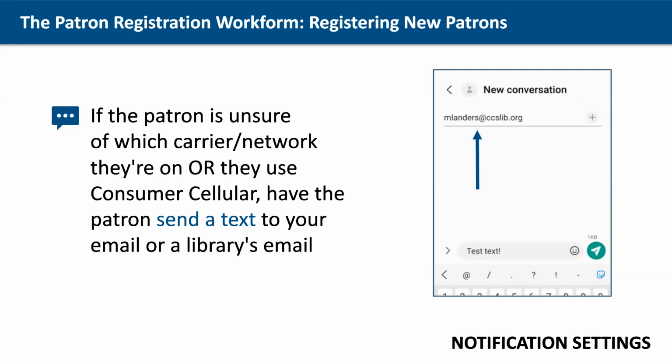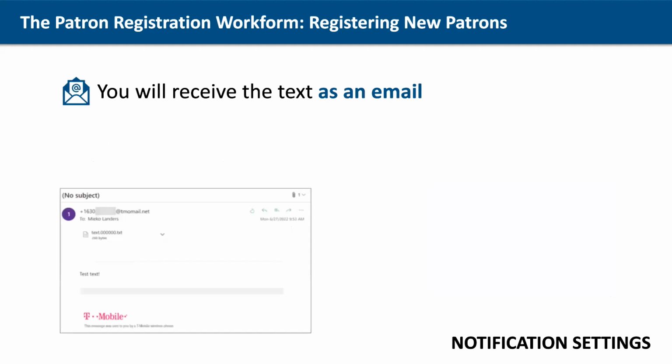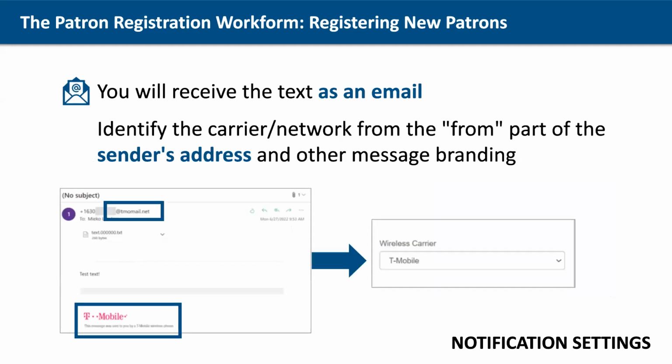So it's going to start out as a text message, go through that gateway and be translated into an email. So using that email, like the from, the domain, and the message branding, we can see what network they're on. So for me, if I send a text to my office email, from that resulting email address and branding, someone else can tell that I am on T-Mobile's network.